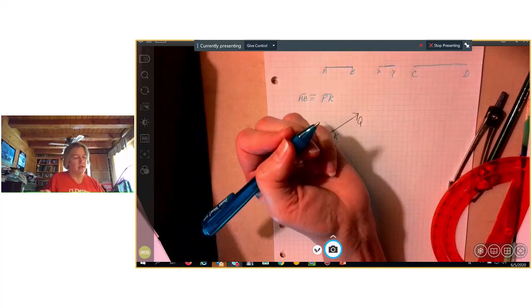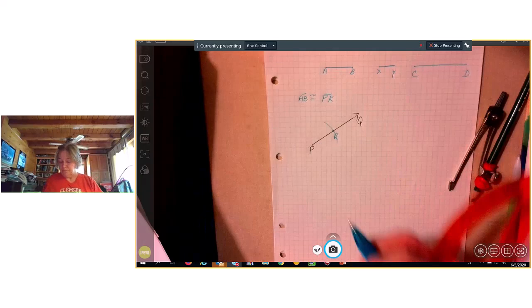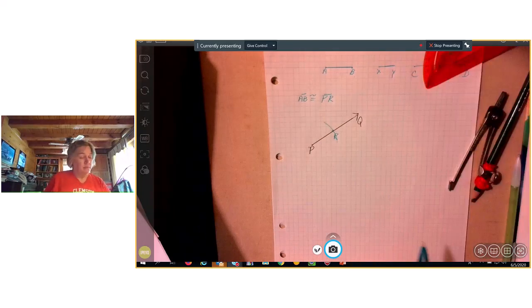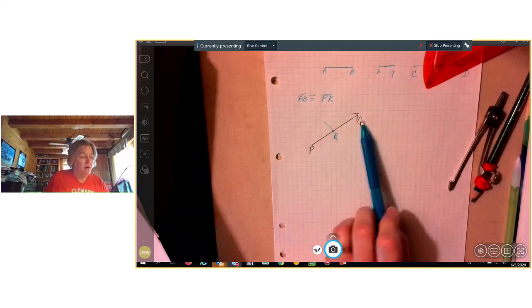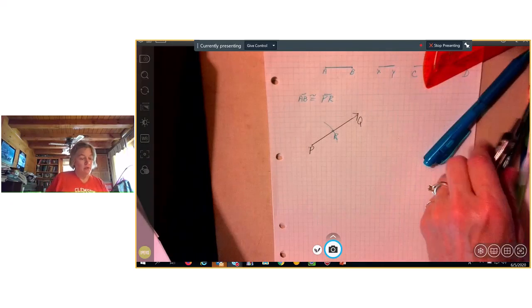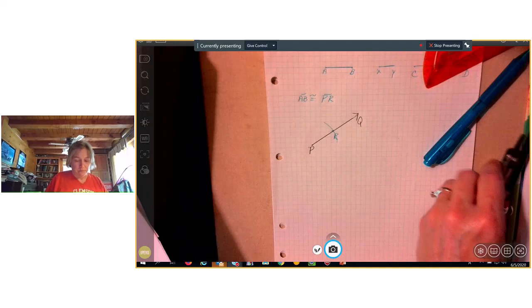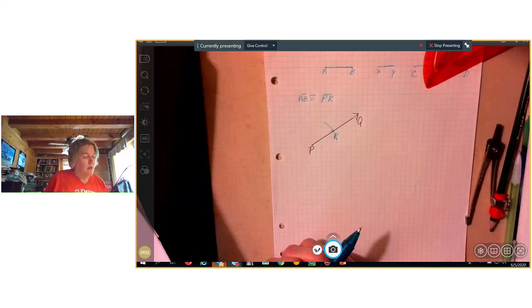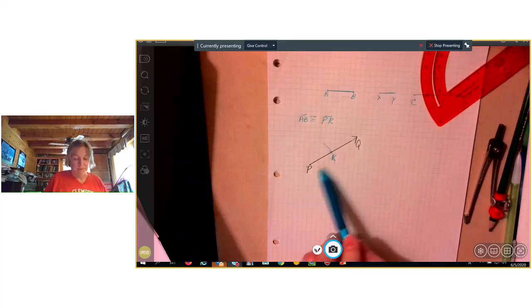The first thing we're going to do is measure line AB, and we've already done that here. But we're going to do that again. Well, hang on, sorry. Let's keep this one and we'll call this PR.